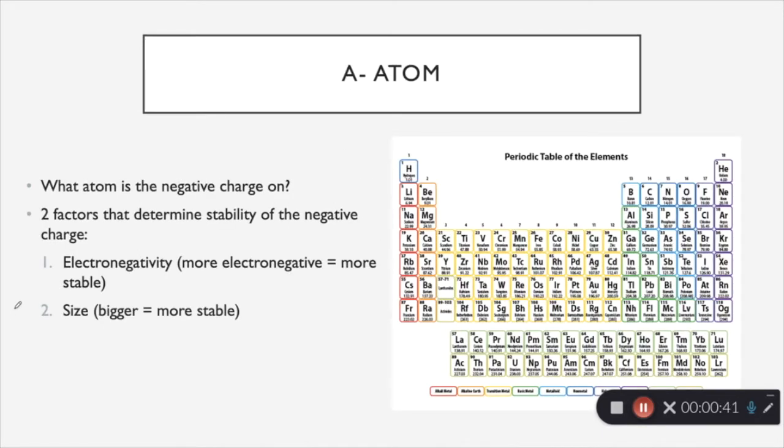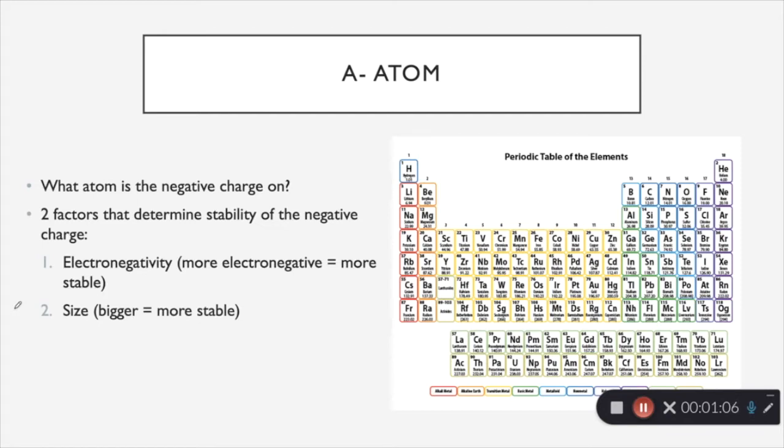So A for atom. When you're looking at what atom is holding the negative charge of that conjugate base, you're looking at two things. You're looking at the electronegativity of that atom, and you're looking at the size of that atom. And so after an acid is deprotonated, you have that negative charge. You're not going to look at electronegativity and size at the same time. You're going to look at one or the other.